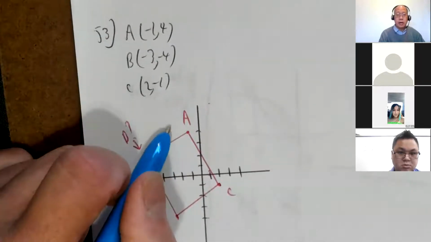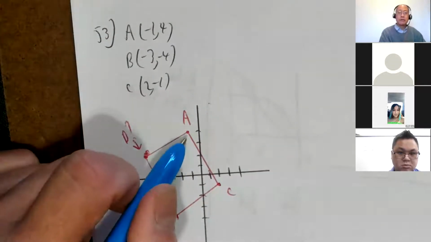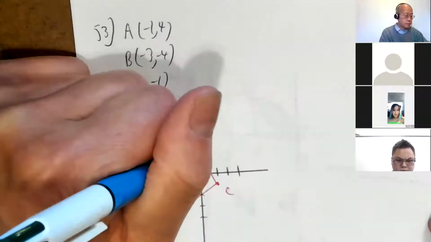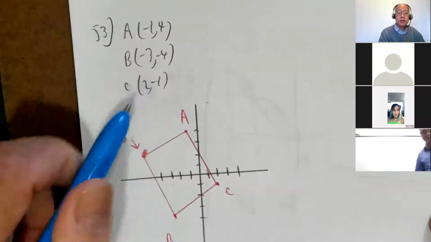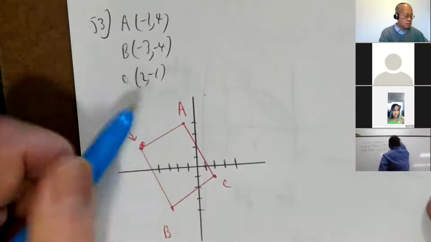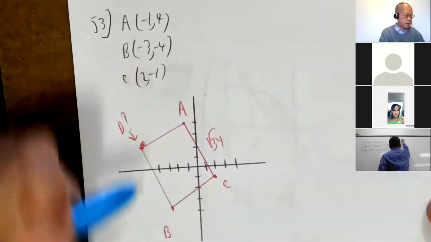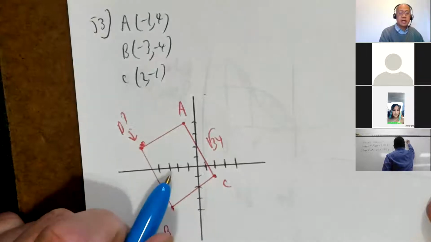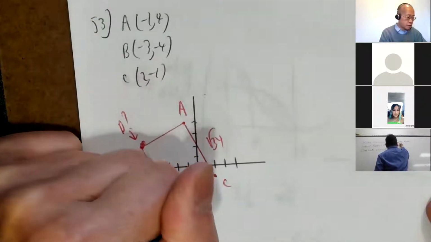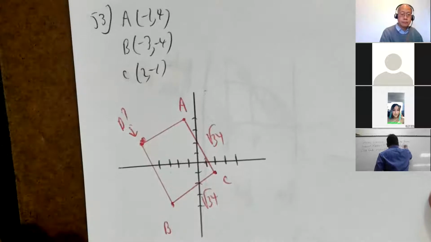Maybe you can save me some time. What was that length that it came out to be? Square root 34. A to C, radical 34. That's correct. And C to B is also radical 34, right? Yeah. So they're asking for a rectangle.